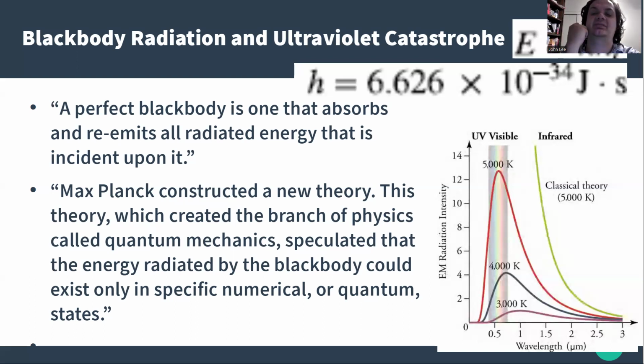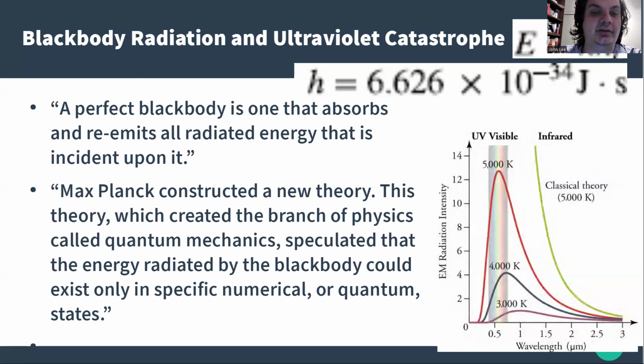So why didn't we see this when we looked at the spectrum of the sun? It agreed with the predictions at higher wavelengths. It just didn't agree with lower wavelengths. So what somebody named Max Planck did was construct a new theory.